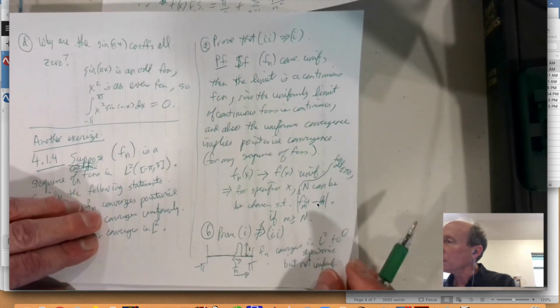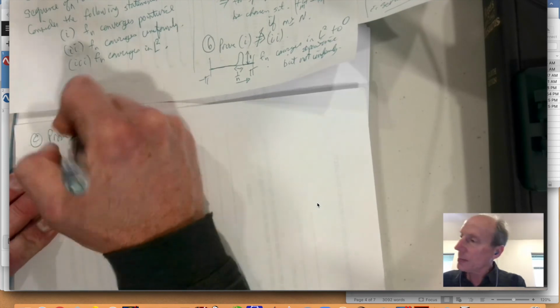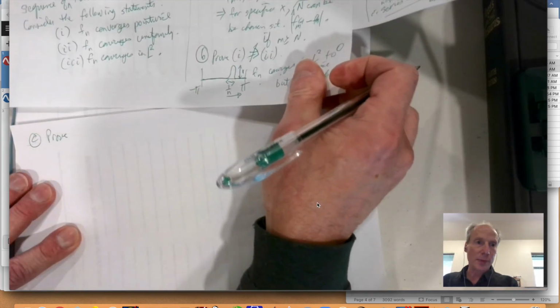The next question is, prove that 2 implies 3. So let's do the proof of that.